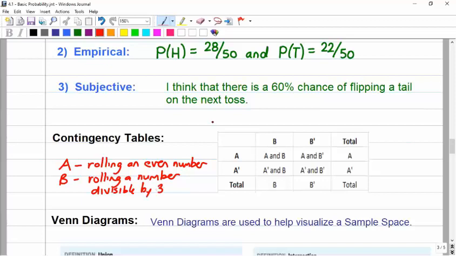So let's figure out what's in A: 2, 4, 6. What's in B is 3 and 6, correct? Now, we know there's 6 total.